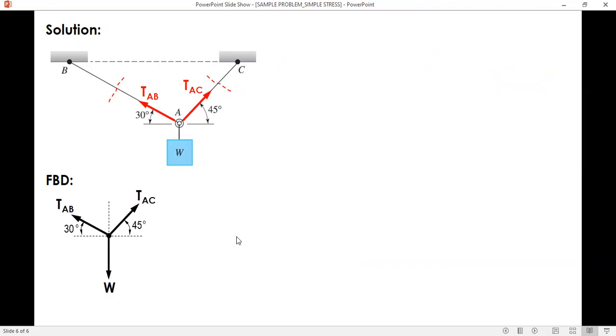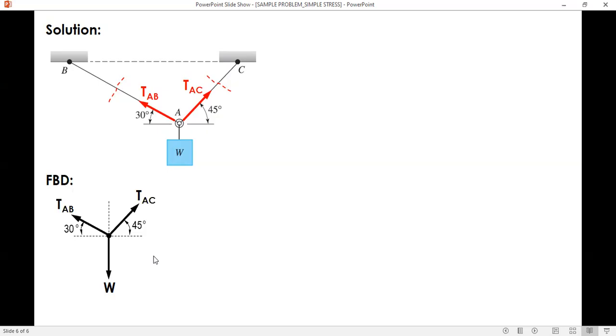So in order to have an expression of TEB and TEC in terms of W, we can use the conditions of equilibrium. We can sum force along the horizontal and along the vertical. Or we can use force polygon since there are only 3 forces.